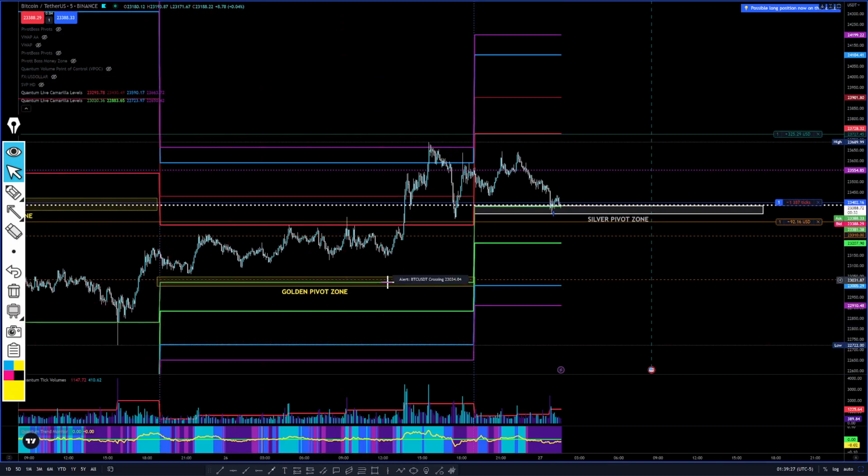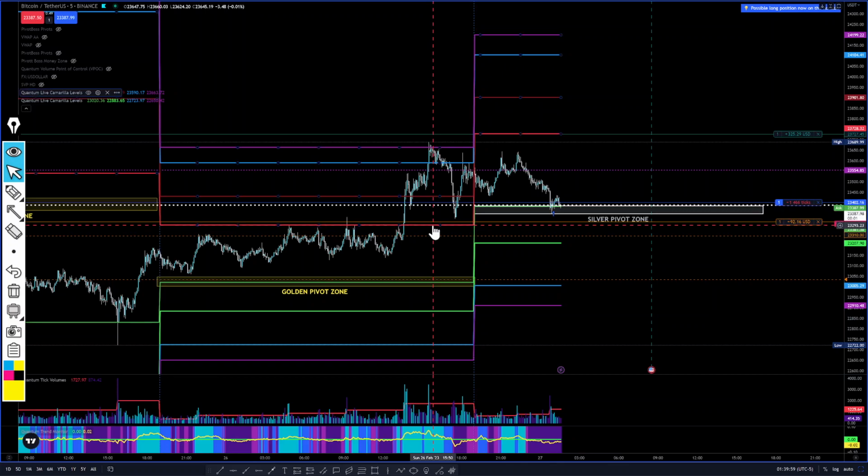This here is yesterday's Camarilla S3, approximately 23,020.85, and now Camarilla S3 is up here at 23,381.38. So it's a higher Camarilla S3, and today's Camarilla S3 is now higher than yesterday's Camarilla R3, making it a higher value relationship.